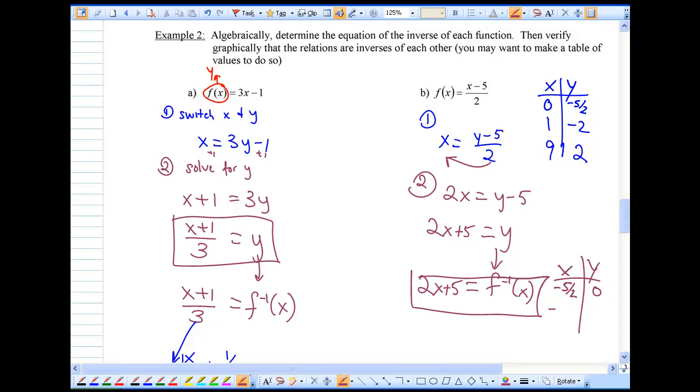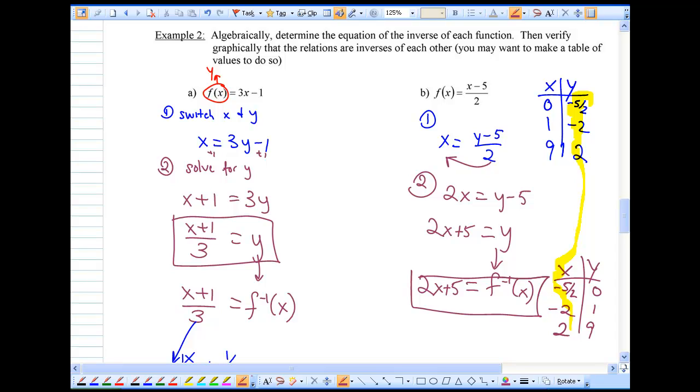If I chose something like negative 2, and if you're strategic and thinking, why did Mr. Lee choose those values? Hint, hint, hint. The x's become y's and the y's become x's. 2 times negative 2 is negative 4 plus 5. That looks like it's 1.